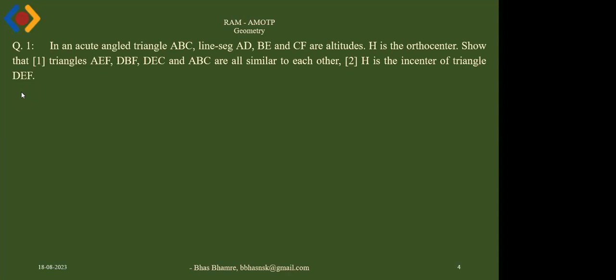And if you know it very well, there are different ways to show them concurrent, any of which is fine. If you don't, then I will discuss one or two ways here if you want. Not now. First of all, we will discuss this problem. Now for that, we assume that yes, altitudes are concurrent. Their point of concurrence is the orthocenter of that triangle.